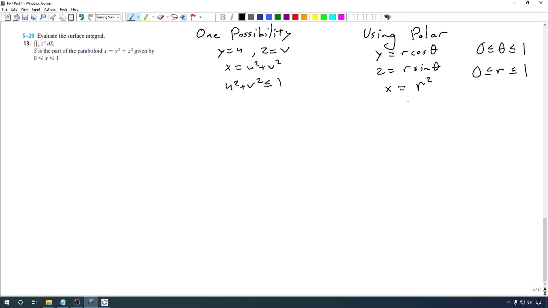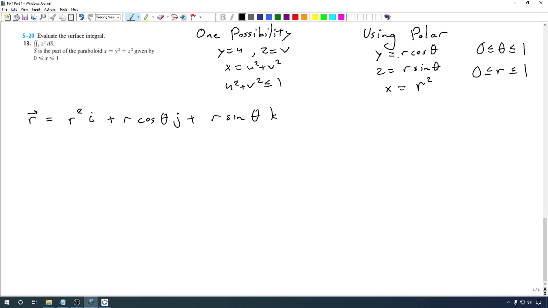Now we do need to find out what the r sub u cross r sub v is. In this case, we're actually using r and theta. This r here is not the same as the actual vector r. If you want, we could write it with an r with an arrow over it. So in this case, we have r with an arrow over it is r squared i plus r cosine theta j plus r sine theta k.